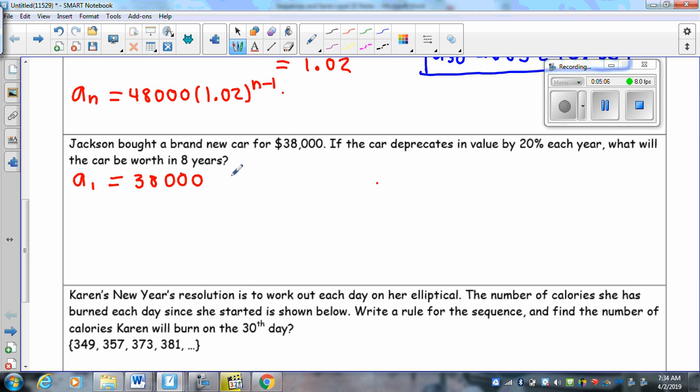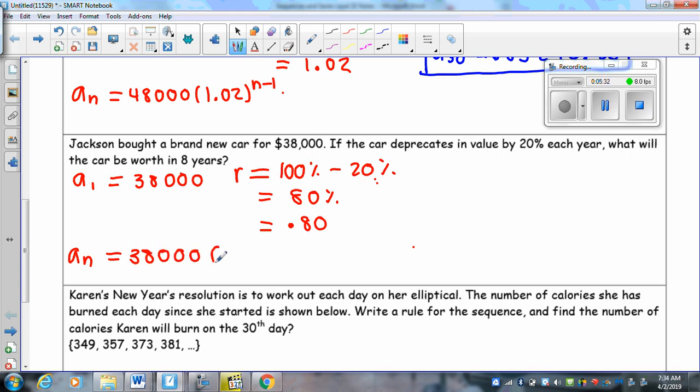So what's happening is R is going to be that 100%, think 100% minus 20%. Okay, that gives me 80%. But just like the last problem, we're not going to raise the percent. We need to raise a decimal. So that's going to be represented by 0.80. So when I set up my equation, A sub n equals 38,000, parentheses 0.80 to the n minus 1 power.